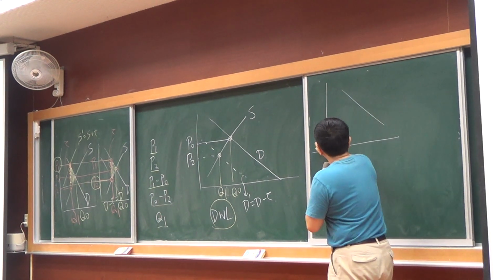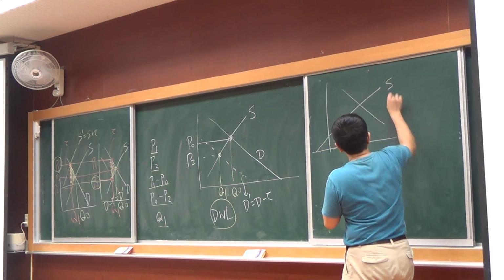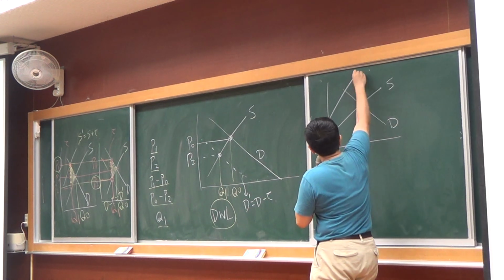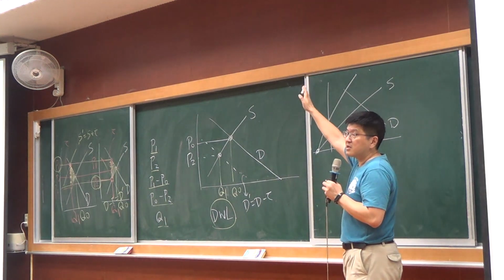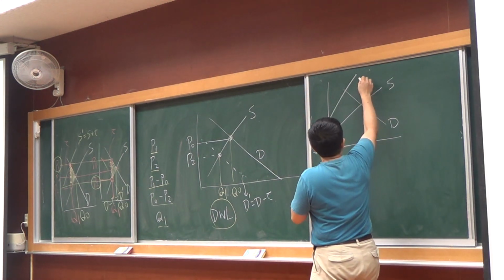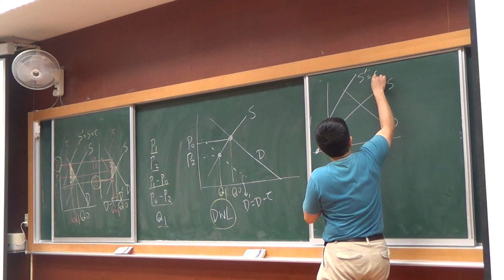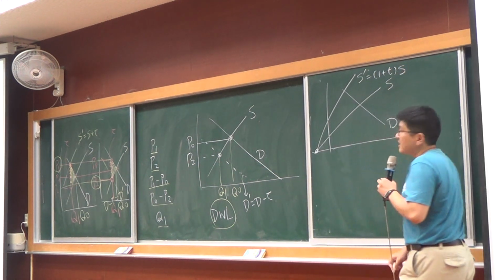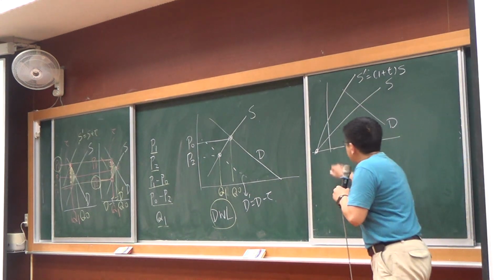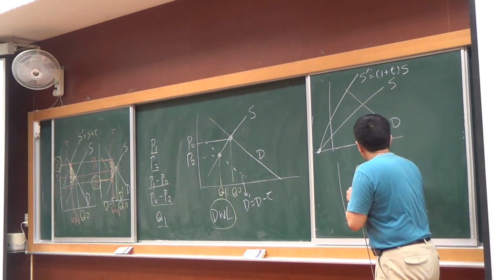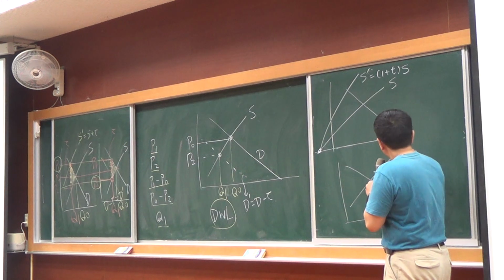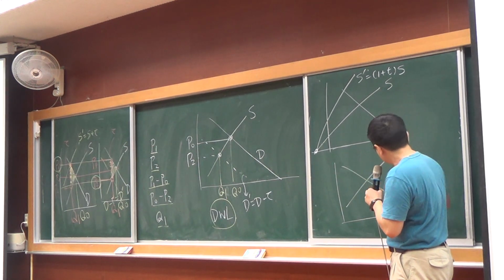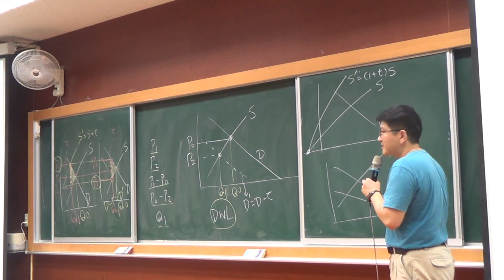We may do something like this: supply, demand, and we rotate supply counterclockwise. Something like this, right? We have another way to do this: supply, demand. We may rotate demand in this case.